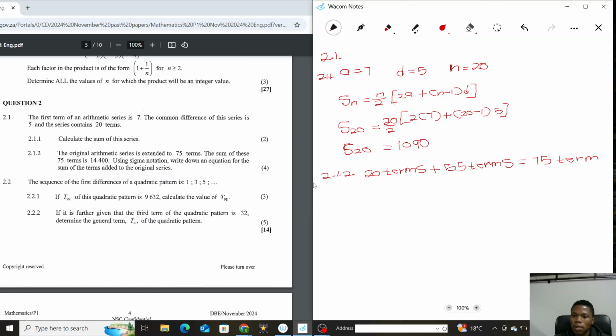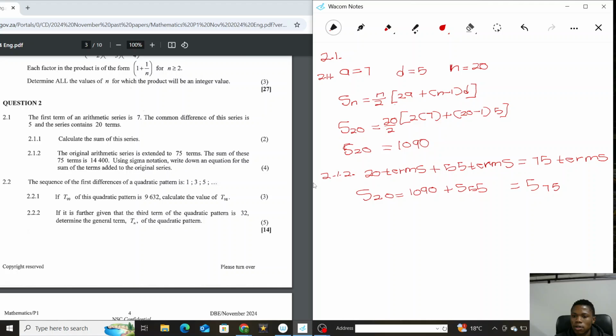I'll just write the sum of 55, and the combination of the first 20 terms and the 55 added terms is equal to the sum of these 75 terms, which is 14,400.